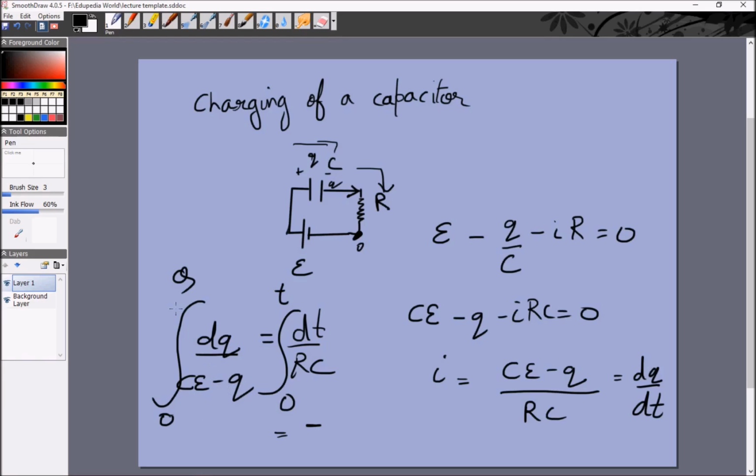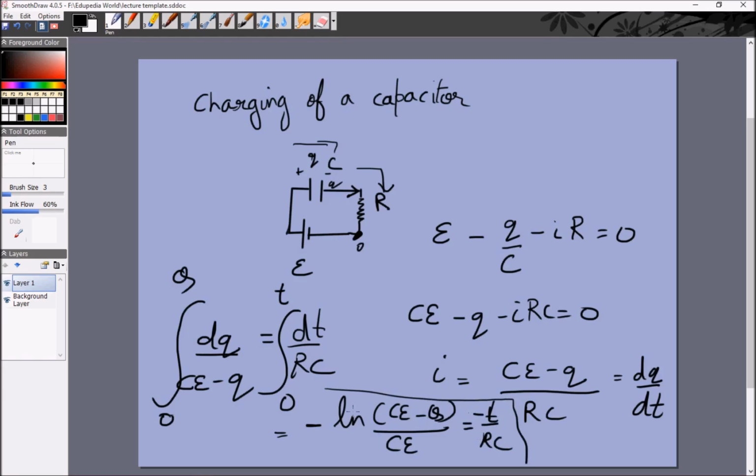But we'll first put capital Q and then 0, so ln of (CE minus Q) by CE is equal to minus t by RC.